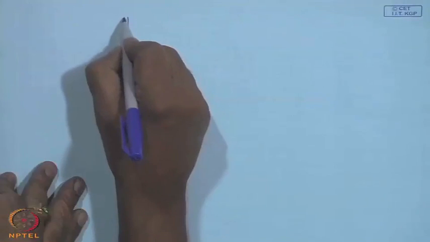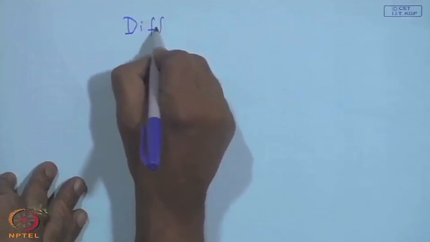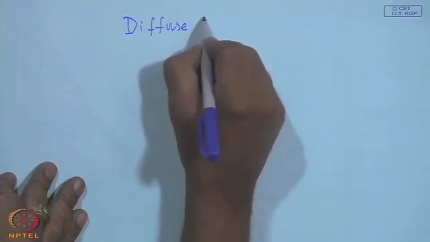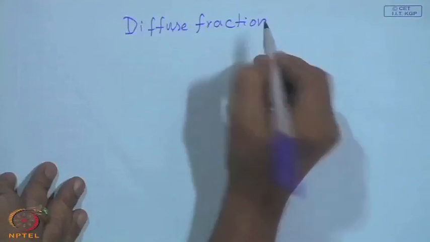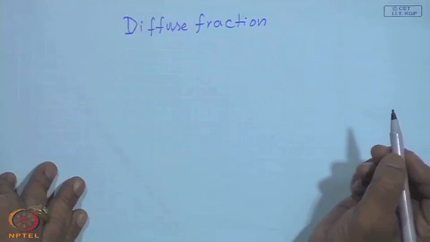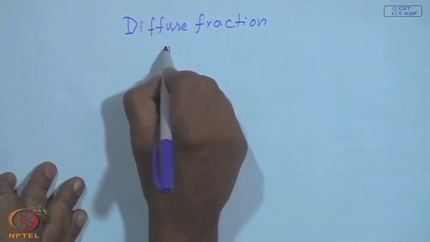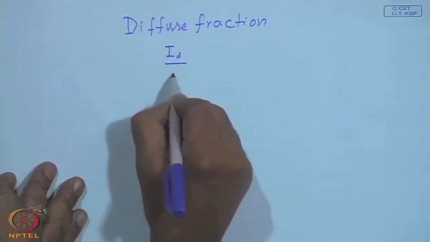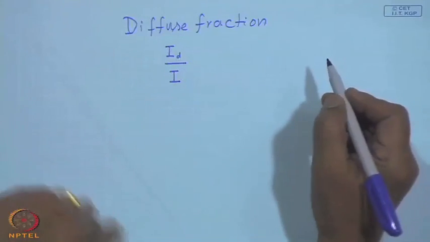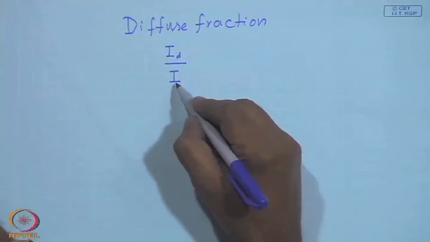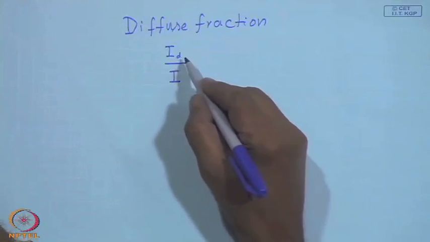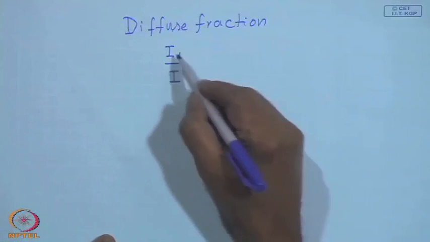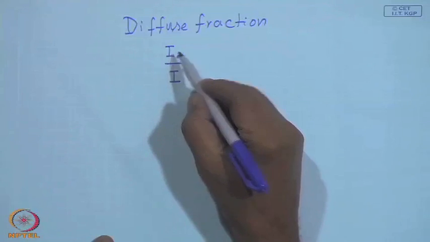Now, we have written those diffuse components of radiation. The diffuse fraction, if I call it, is the fraction of the diffuse radiation compared to the global value. That means beam plus diffuse in the denominator and diffuse in the numerator.